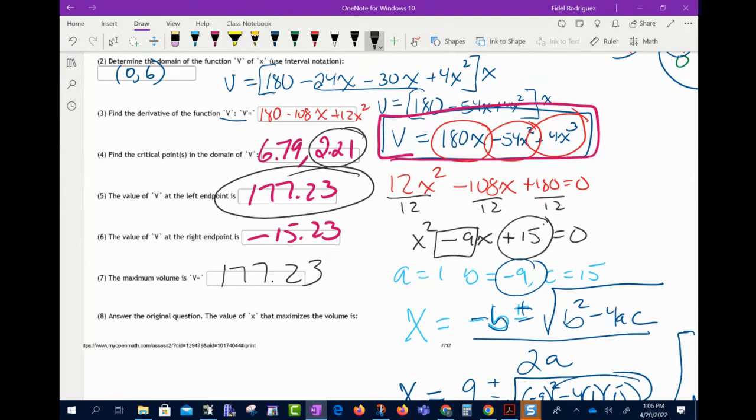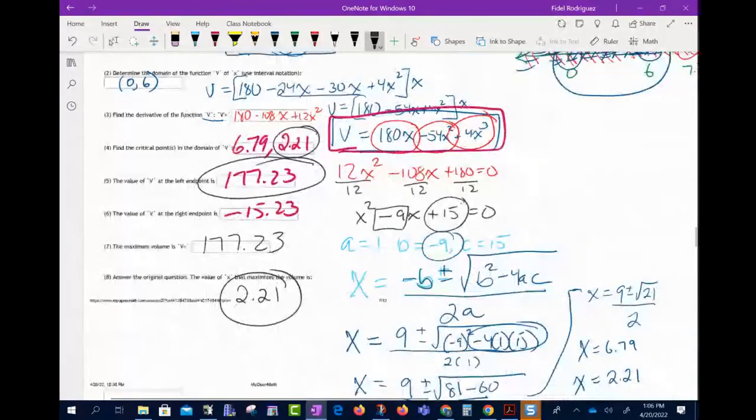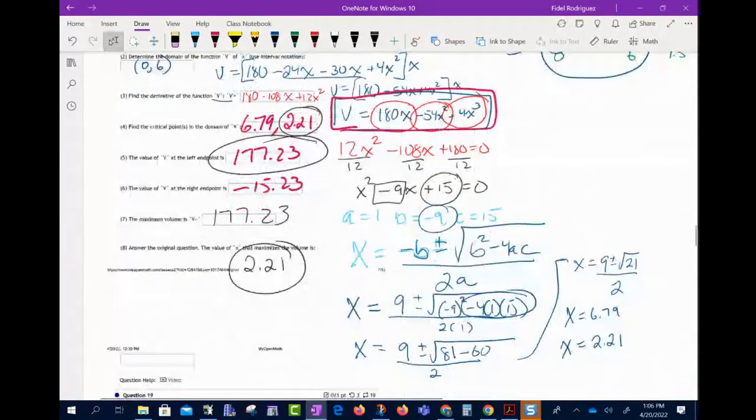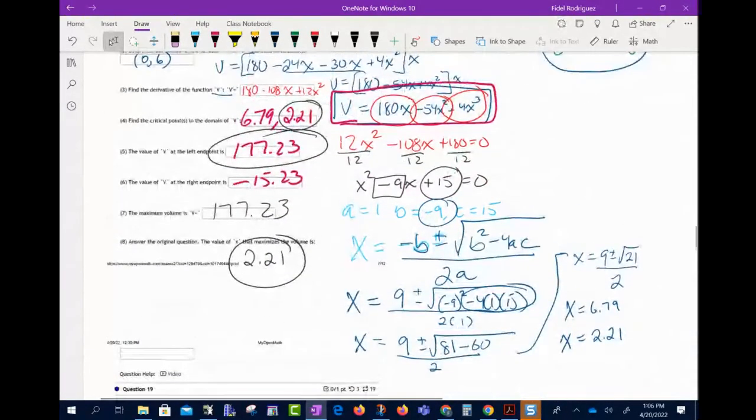Wasn't that the x that gave us that maximum volume? So right here, y'all, I'm just going to put 2.21. And we got it. It's right there, in the original V, because it says let's find the value of V at the right endpoint and at the left endpoint.